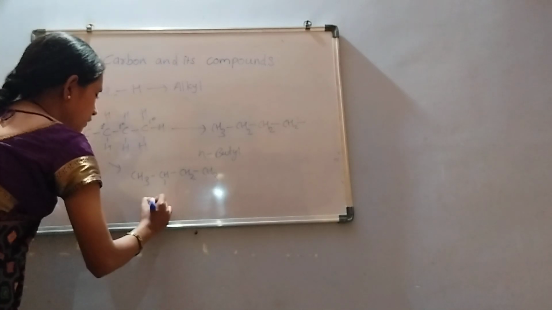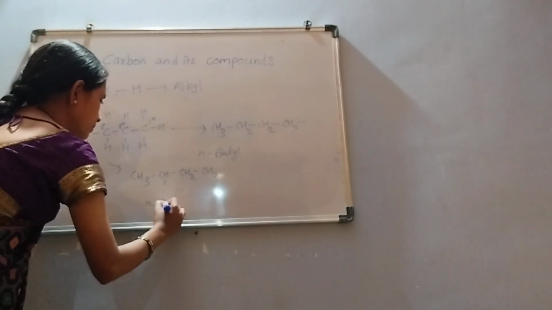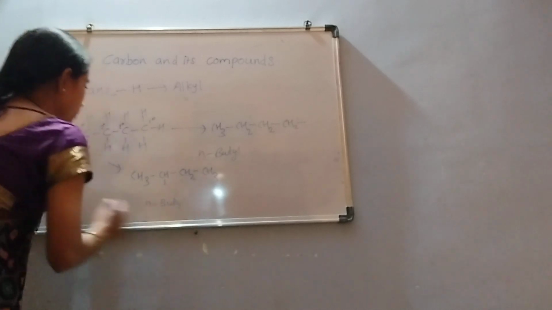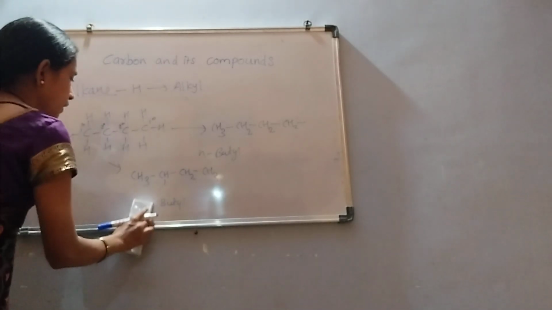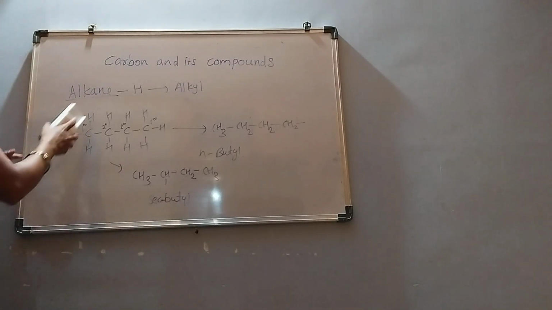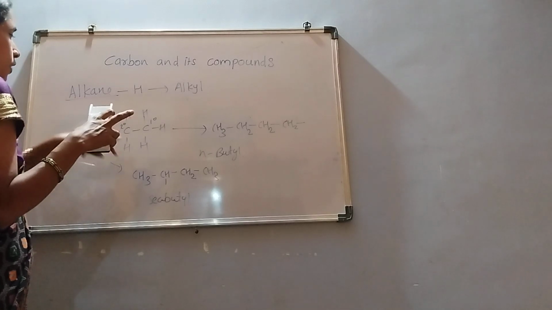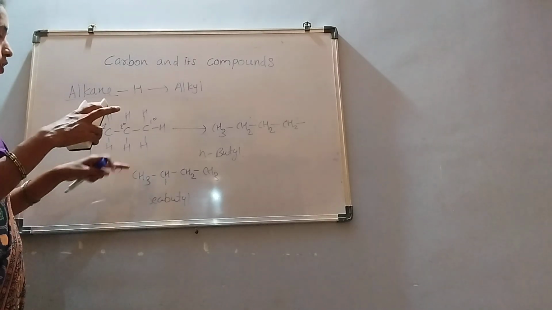So we write here not n-butyl, because we are taking the second degree hydrogen here, sorry. So we write secondary butyl, secondary butyl. This is the case of butyl. In butane, if you are removing the hydrogen, then this is the kind of structure we get.